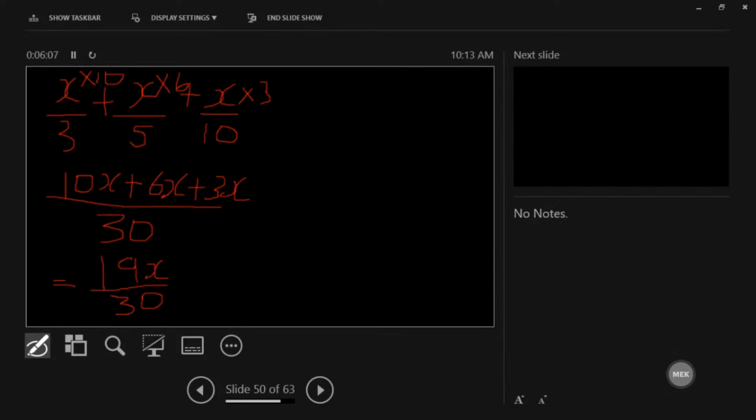So 10x plus 6x plus 3x gives 19x, and we'll put that over 30. This cannot be simplified any further, but if, let's say, we had gotten 18x, we could divide both the 18 and the 30 by 6, so we could simplify it further. As it is now, this cannot be simplified anymore, so that is the answer.